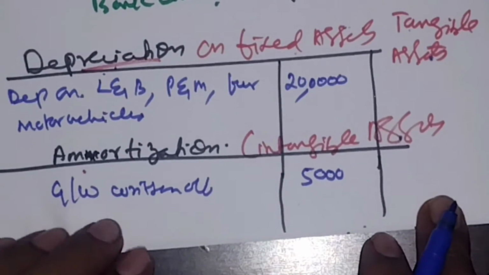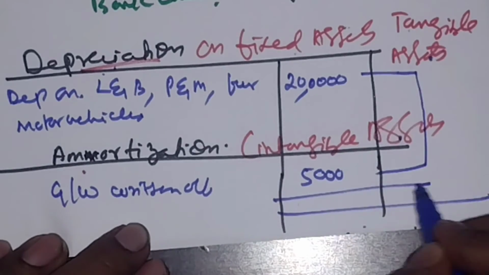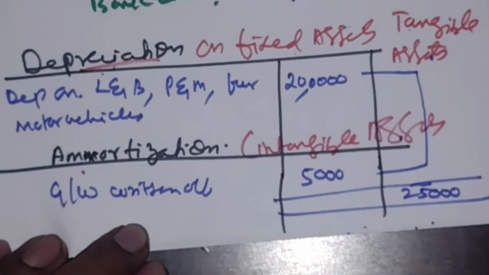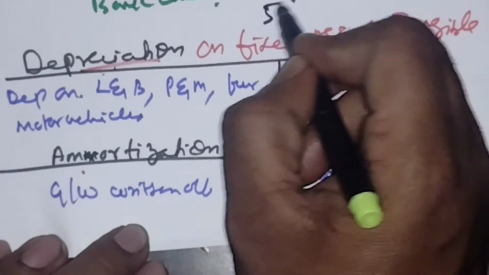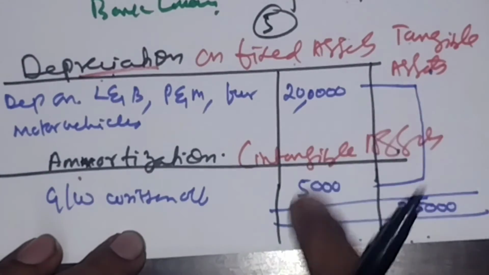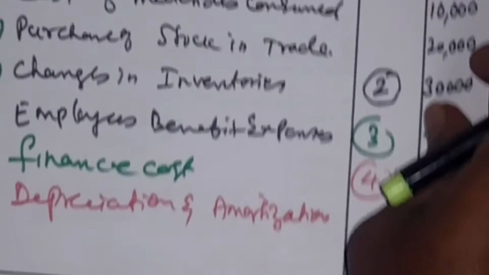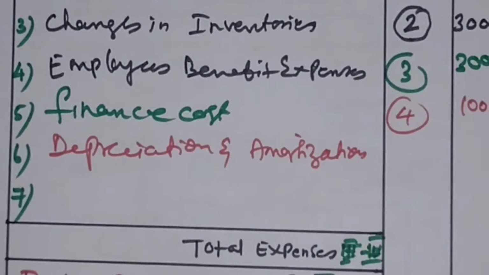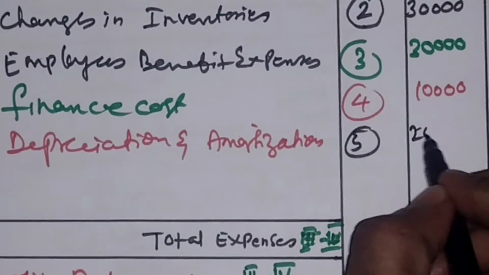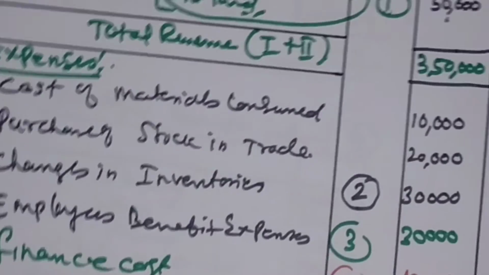So 20,000 plus 5,000, you get a total of 25,000. Put together, I'll give note number 5. How much do you get? 20,000 plus 5,000, 25,000. Let me write it into depreciation and amortization, note number 5, 25,000. I hope you can understand that.